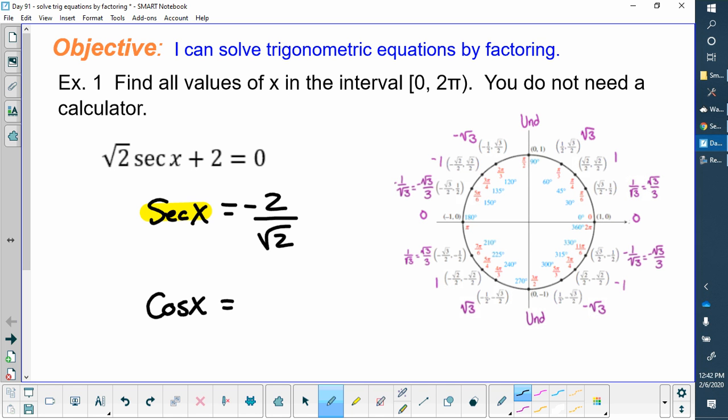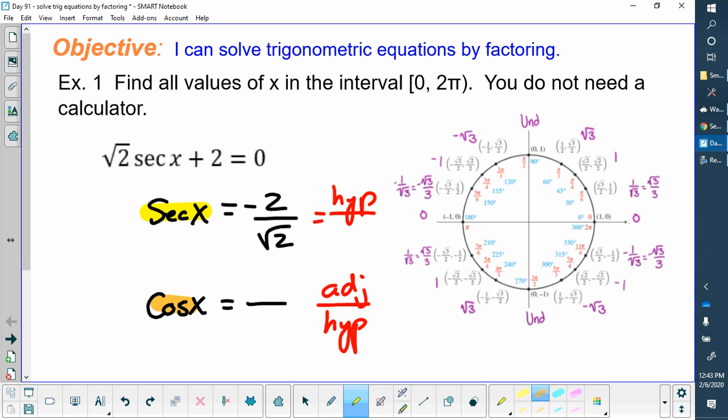You'll remember that cosine of x is adjacent over hypotenuse, and secant is the inverse of that, hypotenuse over adjacent. So basically, all I have to do is flip the fractions. So if I want to find cosine, this would be negative square root of 2 over 2. And now I have no need to rationalize the denominator.